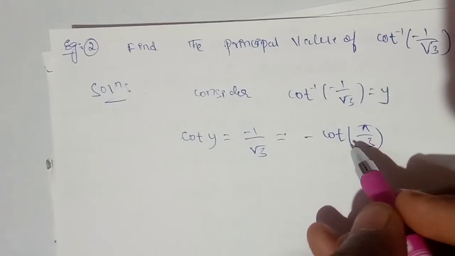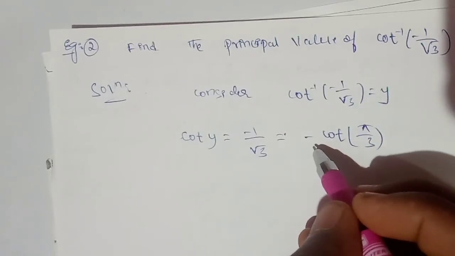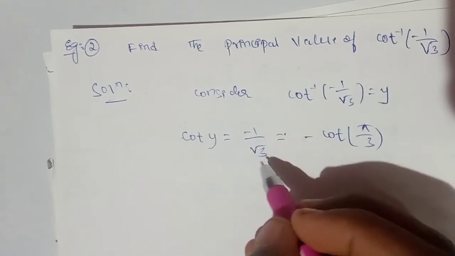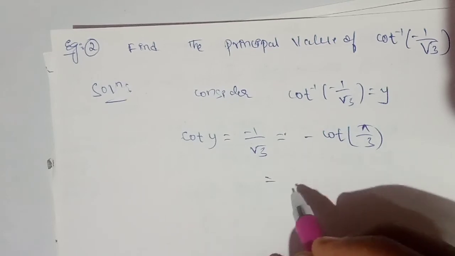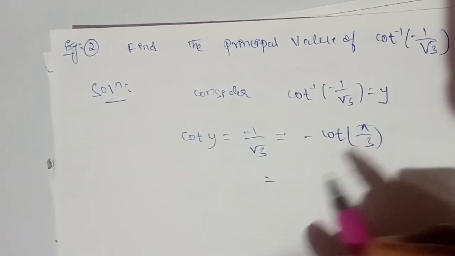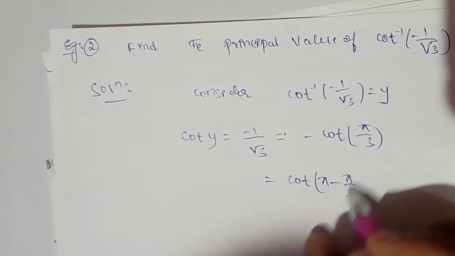We know that cot 60 is 1 by root 3. 1 by root 3 into minus 1 is minus 1 by root 3. I can write it as minus cot pi by 3. We can write cot of pi minus pi by 3.